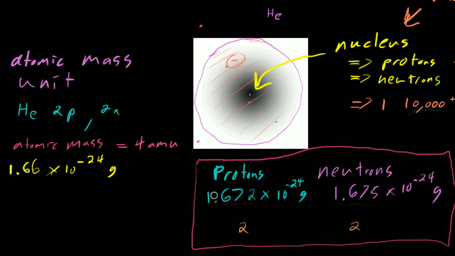It's actually not directly in between the mass of a proton and the mass of a neutron, and maybe I'll try to figure out why exactly.